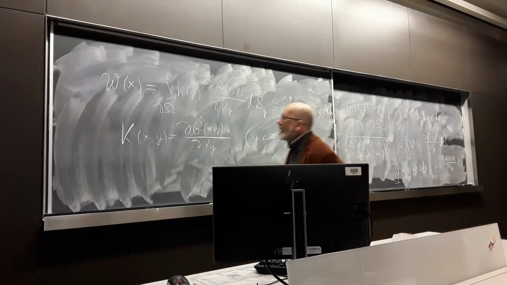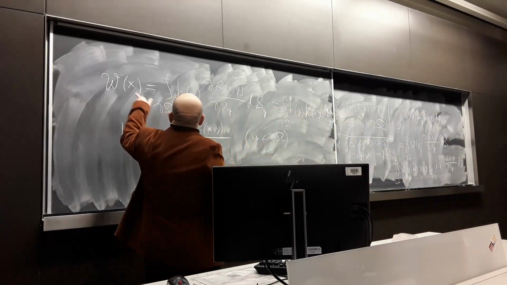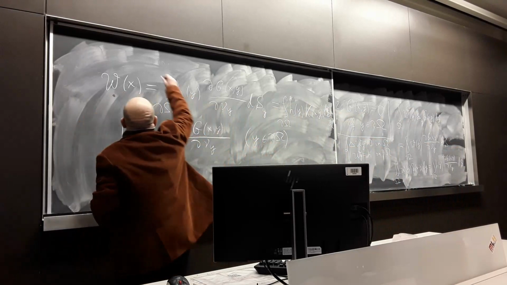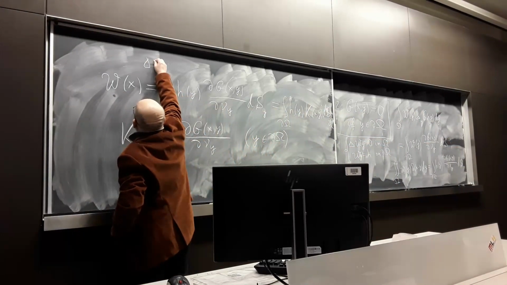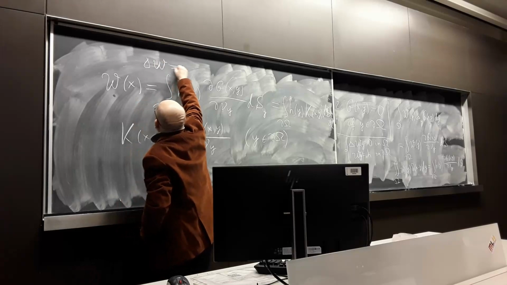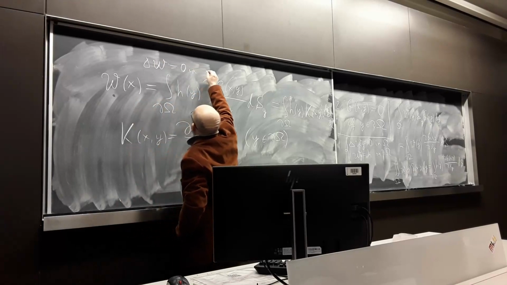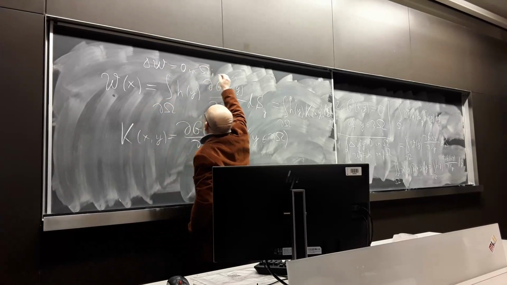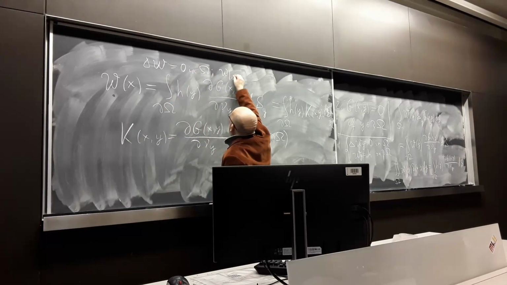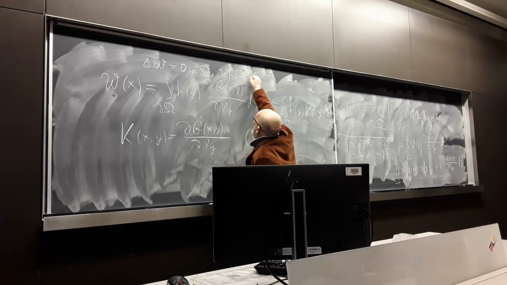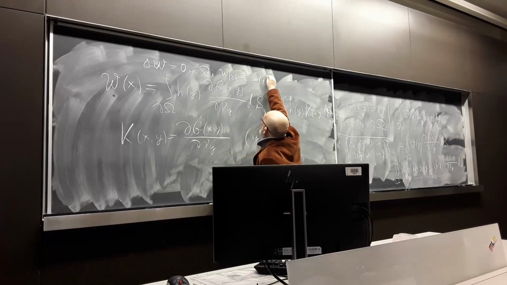So this W has the property that Laplacian of W equals 0 in omega, and W on the boundary equals h of y.